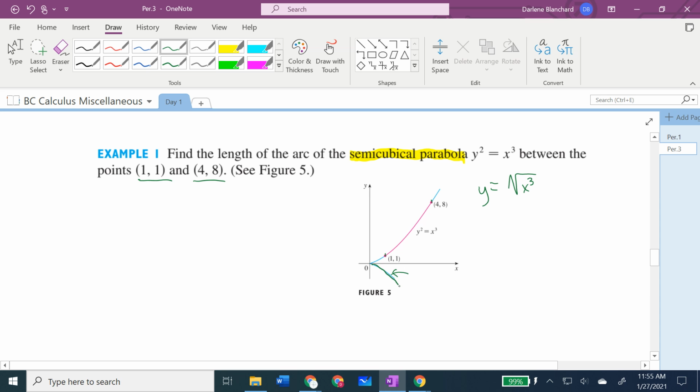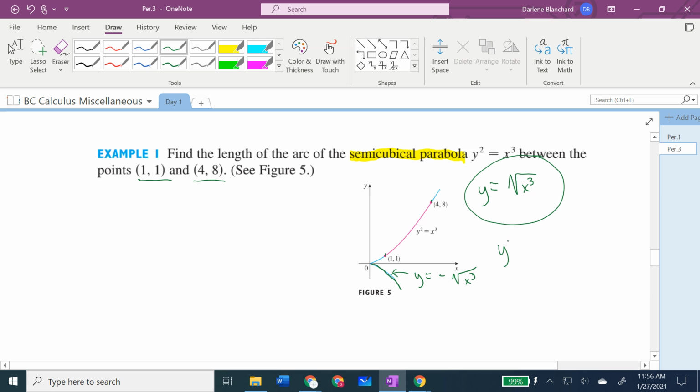This section down here is the negative square root of x cubed. So this is the function that we are working with. And I want you to see if you can set up an integral and solve it and find out how long that is. So hopefully you're ahead of me a little bit.